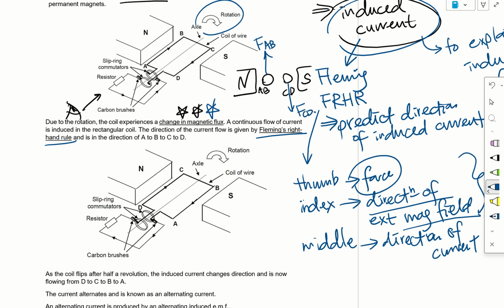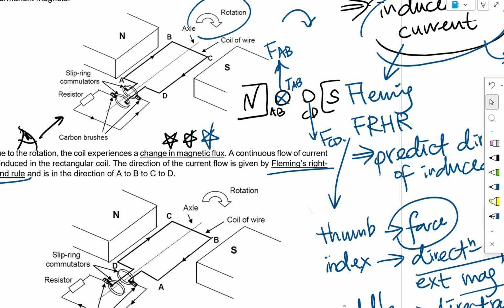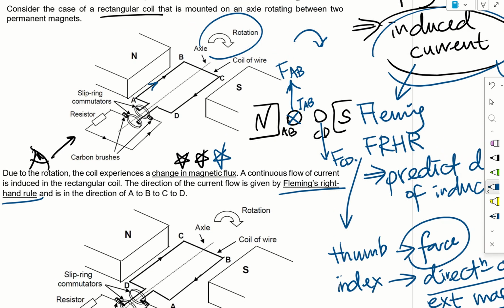We are the one that is rotating it so that it can turn in a clockwise direction. So now for this instance, whereby AB is over here and we know that the force is upwards, we'll be using our Fleming's right hand rule, and if you have applied correctly, the current will be into AB. That means it will be flowing from A to B.